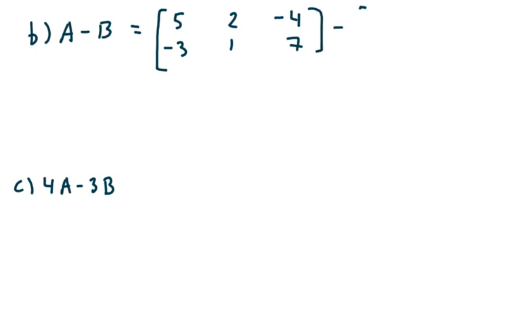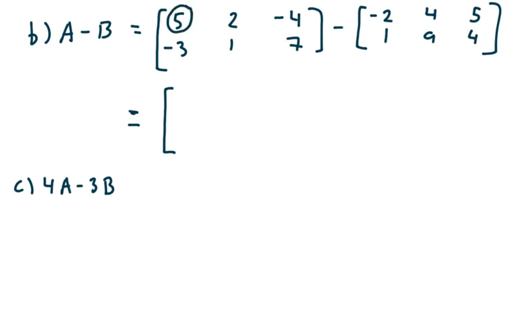and then I'm going to subtract the matrix negative 2, 4, 5, 1, 9, 4. So to get the first row, it's going to be the following. I'm going to take 5, and then I'm going to subtract negative 2.